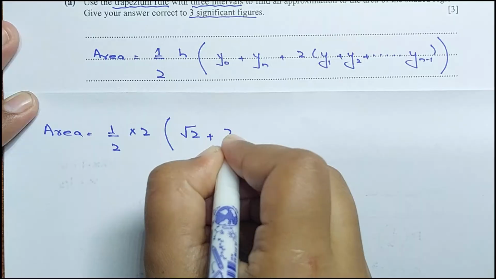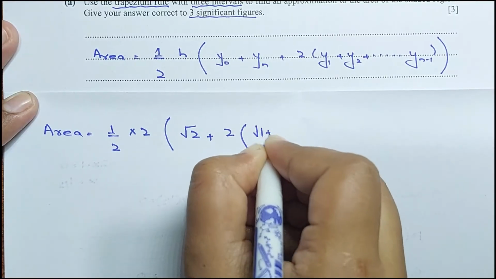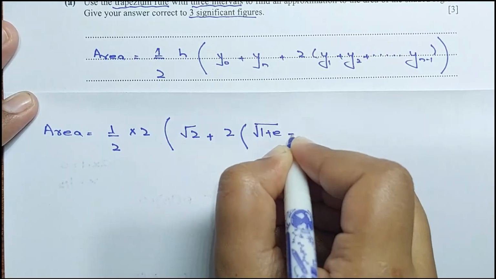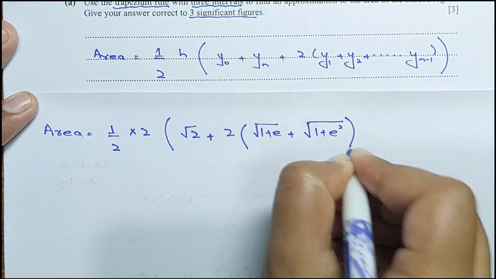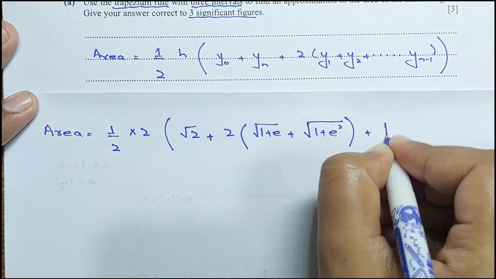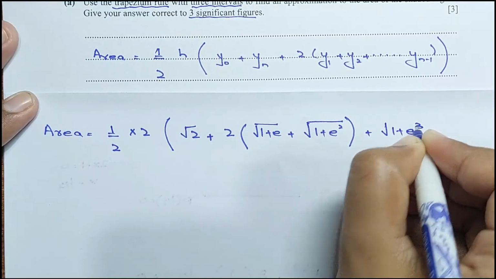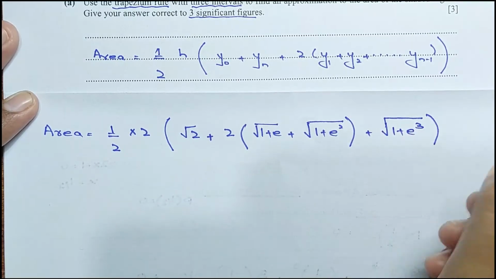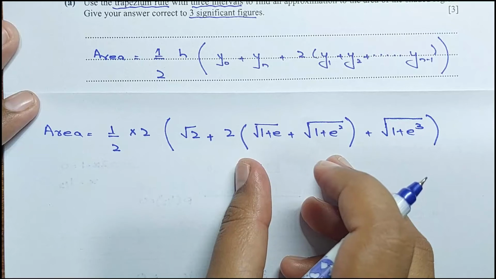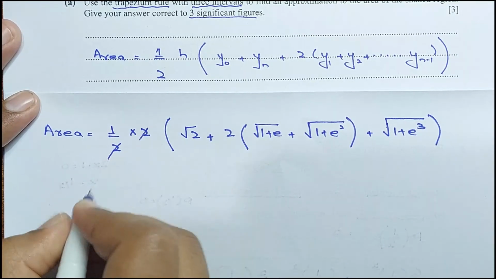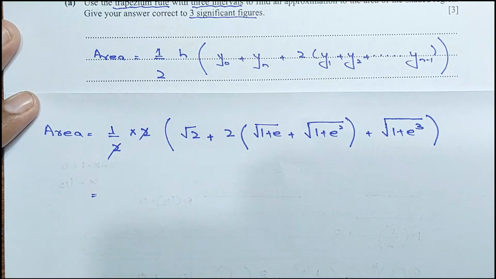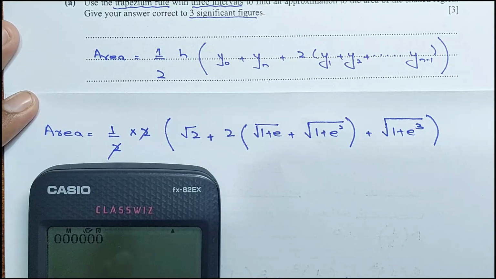So 2 into root 1 plus e is the y1. Y2 is root 1 plus e square and y3 is root 1 plus e cube. We multiply the middle terms with 2 and the first and the last term stay as they are. So this 2 and this 2 cancel out. Let me simplify this.